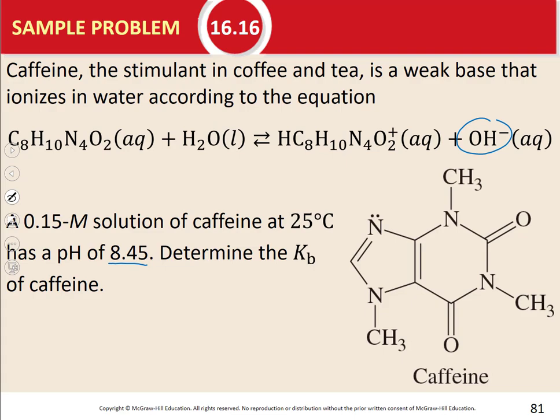Good. Subtract it from 14 to make it a POH. So if that's pH, then my POH is 14 minus that. It's 5.55.